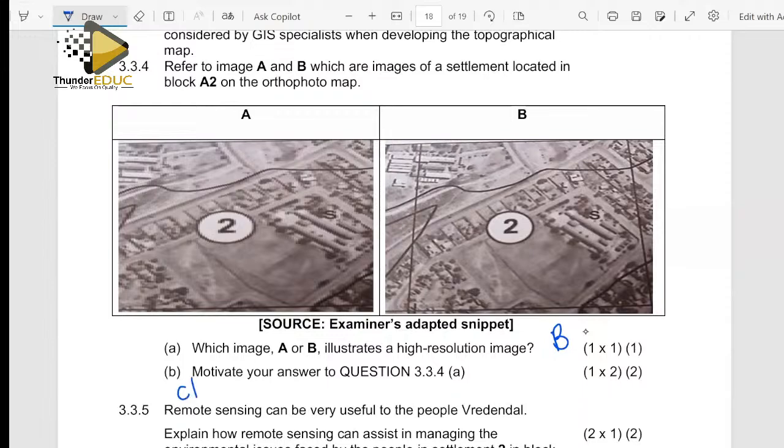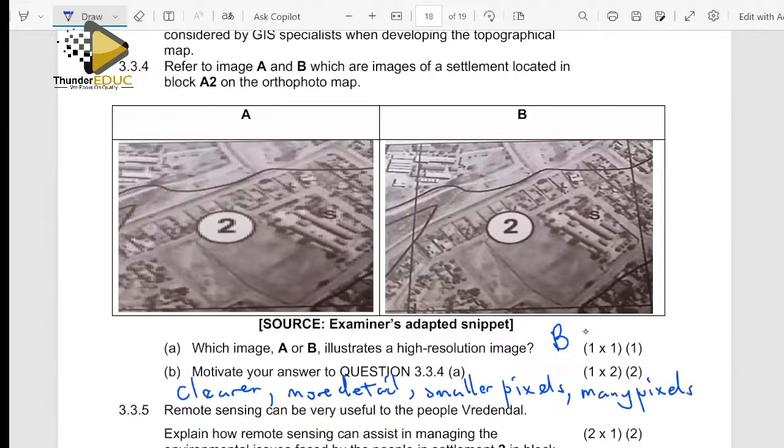It's because it's clearer. It's more clear compared to the first one. And you can say it has more detail, or you can say it has smaller pixels. Yes, many pixels.